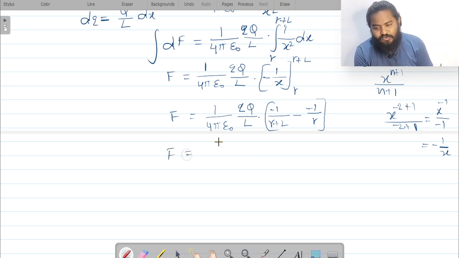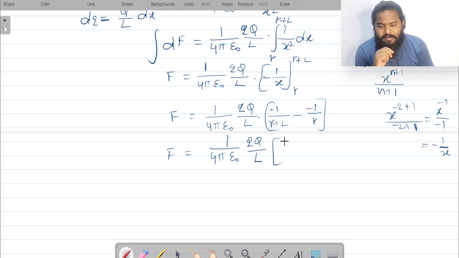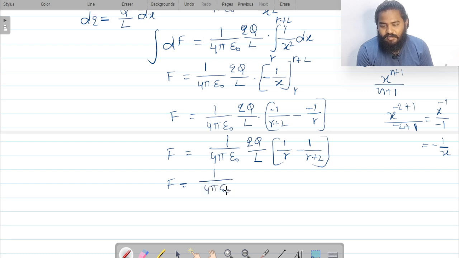F is equal to 1 by 4 pi epsilon naught small q capital Q by L, minus of minus is plus, so 1 by R minus 1 by R plus L. Now F is equal to 1 by 4 pi epsilon naught small q capital Q by L into (R plus L minus R) by R into (R plus L).